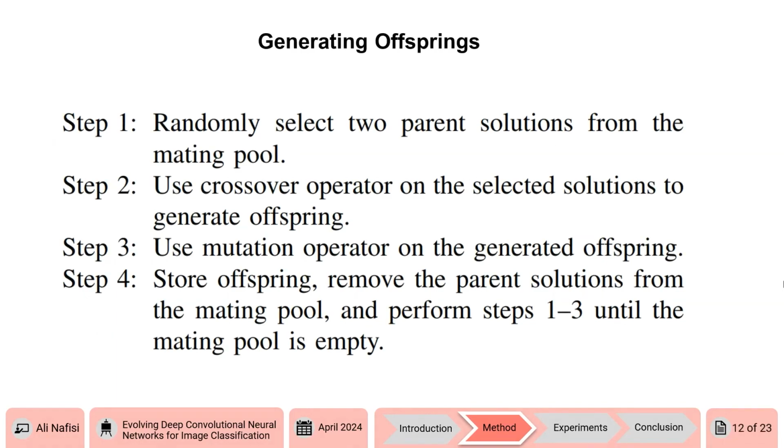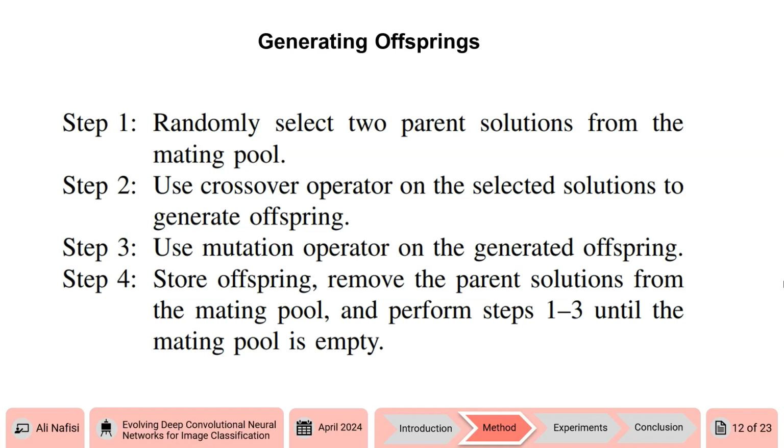Here's the algorithm for how we generate offsprings. We randomly choose two parents from the mating pool that we created in the previous slide, uniformly random. We do a crossover with the crossover operator that we will discuss in the next slides. This will return two offsprings, of course.